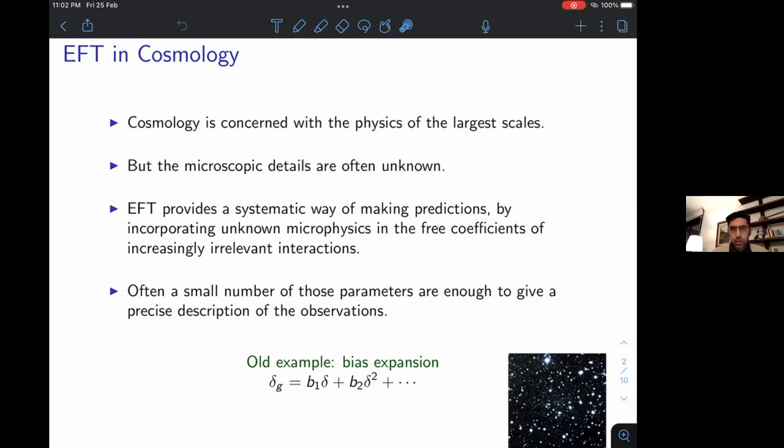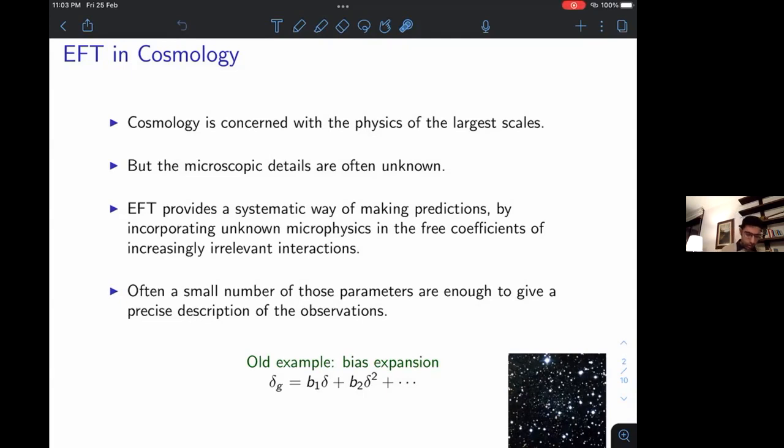There are many unknowns about the details of how the galaxies or stars are forming, but the bias expansion allows us to parameterize that ignorance into a set of free parameters, and it's enough to keep a few of those as long as we are interested in long wavelength physics.